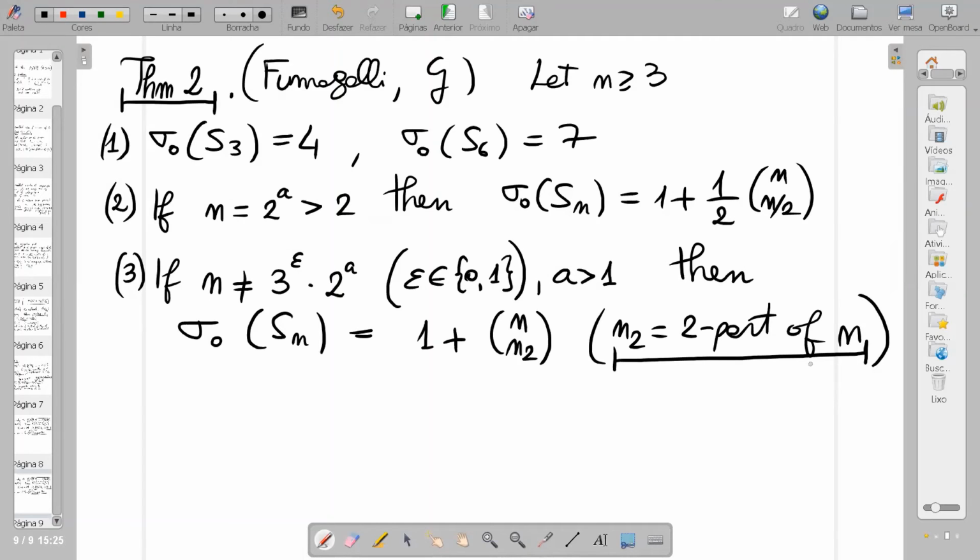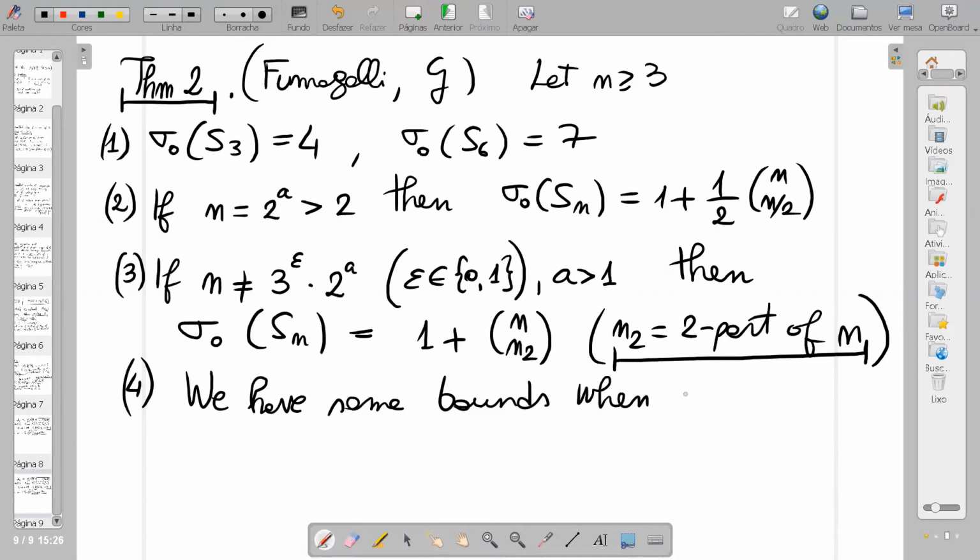And four, that I will not write because it's a bit more technical. We have some bounds when n is 3 times 2^a, because this case essentially is a bit problematic.